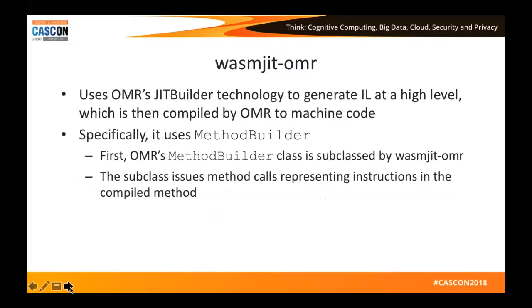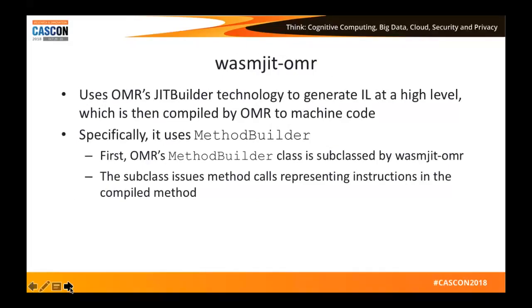So, how does this JIT work? Well, OMR farms out a lot of OpenJ9's compiler technology into a high-level API that you can use to compile programs. The way you go about compiling a method, for instance, is you would subclass part of OMR's API called method builder.